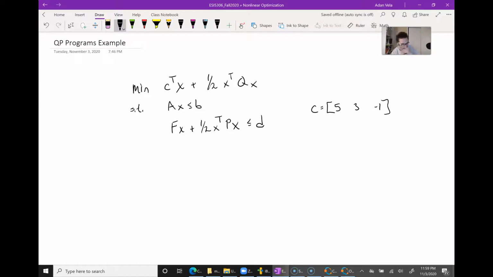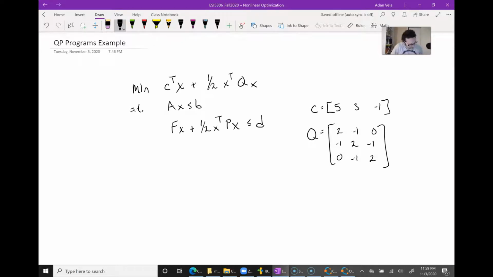For Q, we'll have 2, -1, 0, -1, 2, -1, and 0, -1, 2.